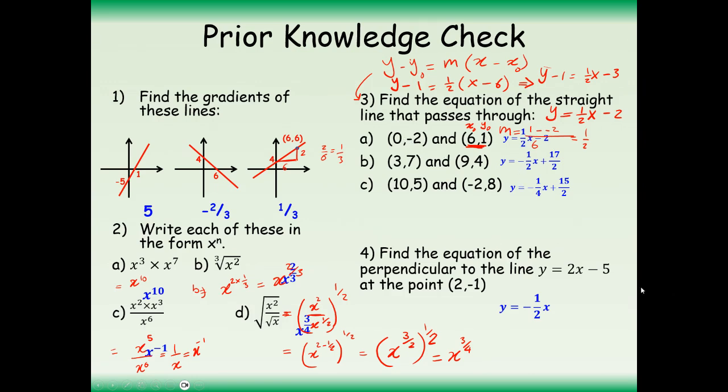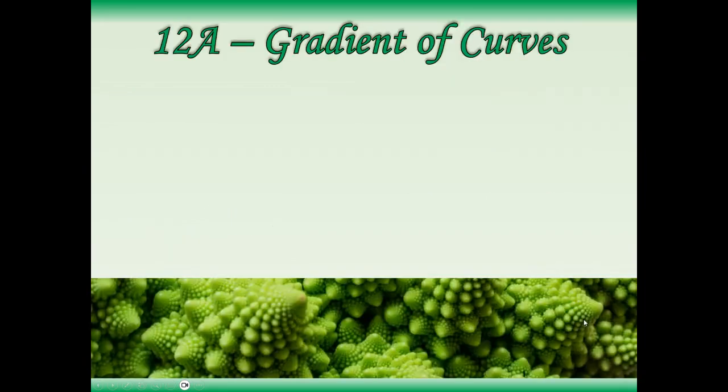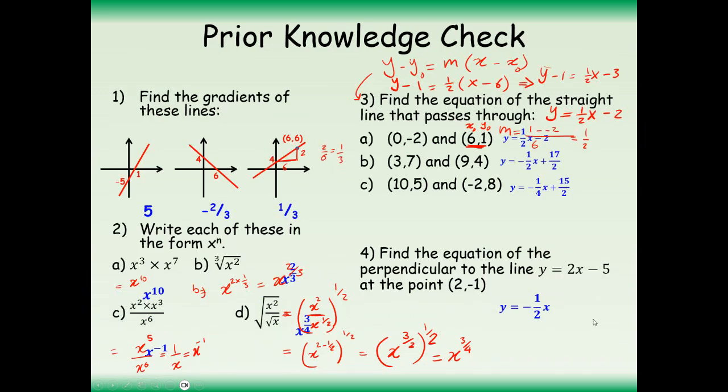This last one actually involves a perpendicular line, so you say the perpendicular to 2x has a gradient of negative half, and you use the equation of a straight line formula, which I've put on top of the page, to figure out the equation of the perpendicular line. I'll see you in the next video.